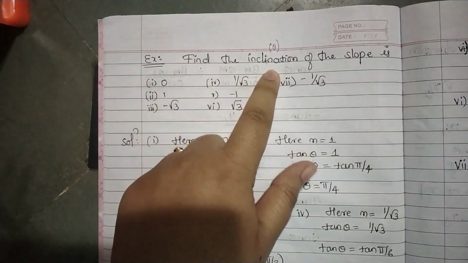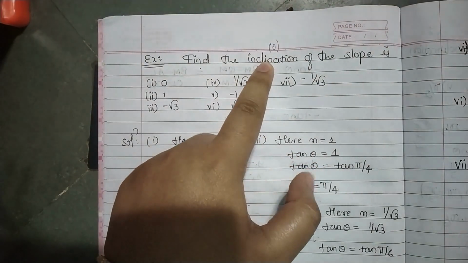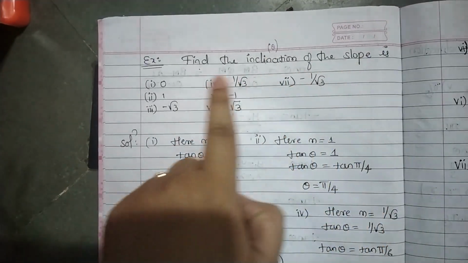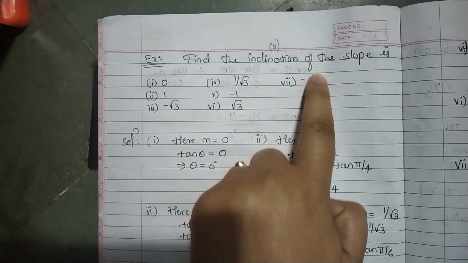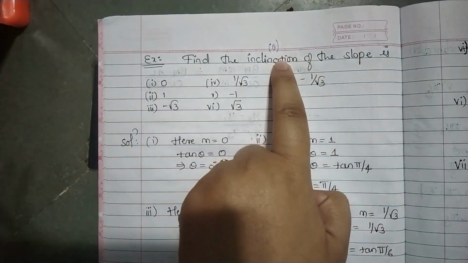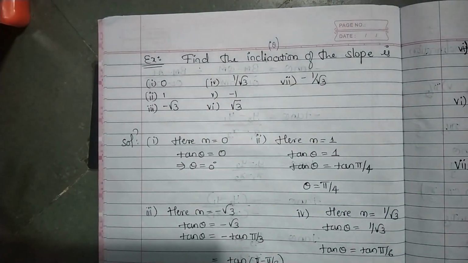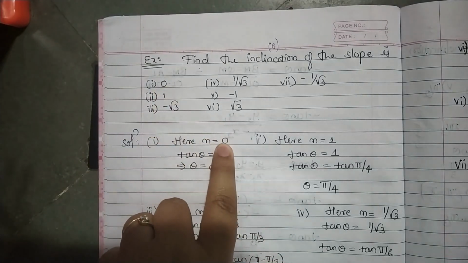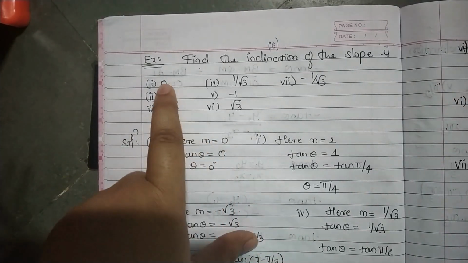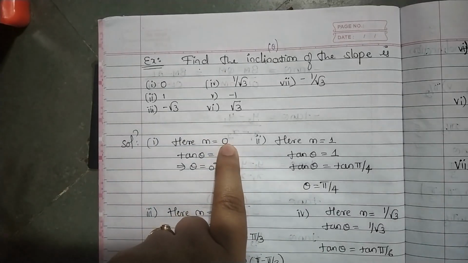Find the inclination. We have to find the angle. The slopes are given, and we have to find the angle. First, the slope is 0. Slope is 0.